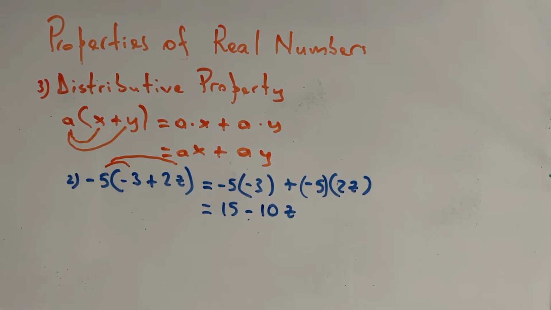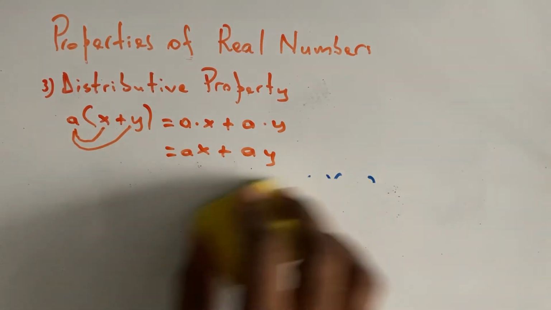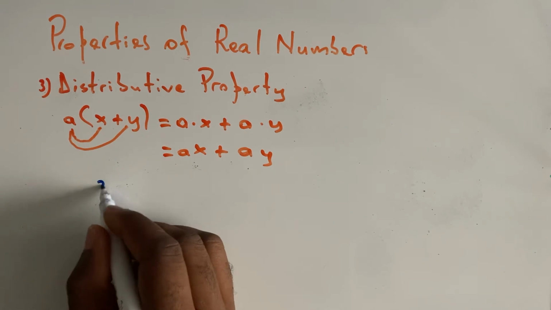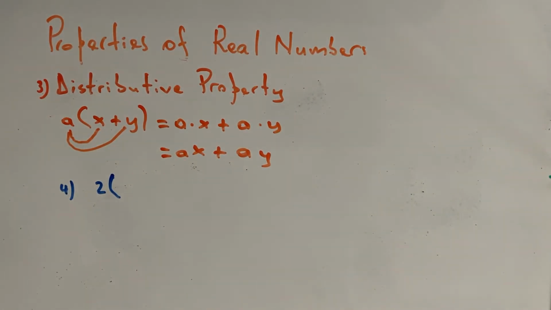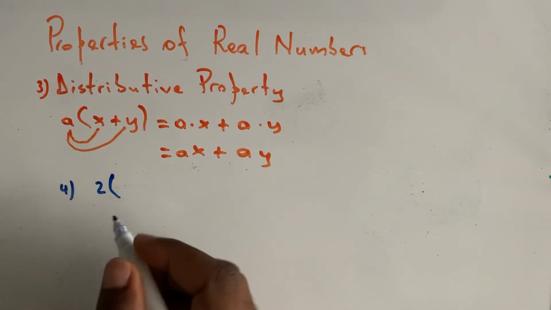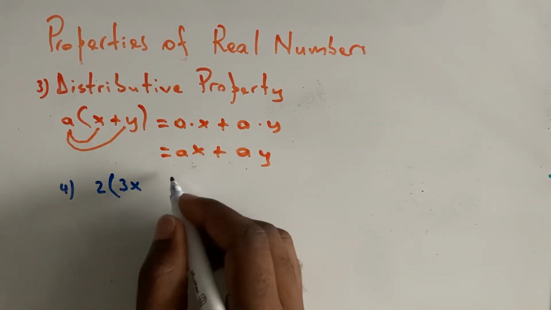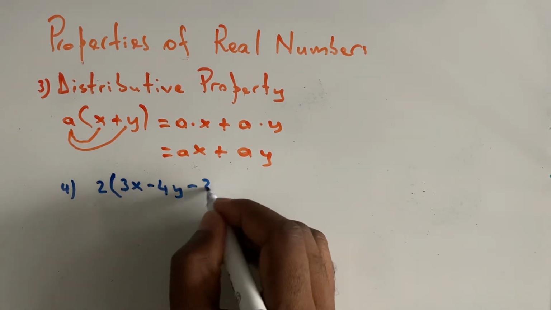And again, if we take another example, it doesn't have to be a binomial, by the way. It doesn't have to be the multiplication of a monomial and a binomial. It can be a monomial or even a binomial with a trinomial. So in this case, a binomial, 2 times 3x minus 4y minus z, okay?